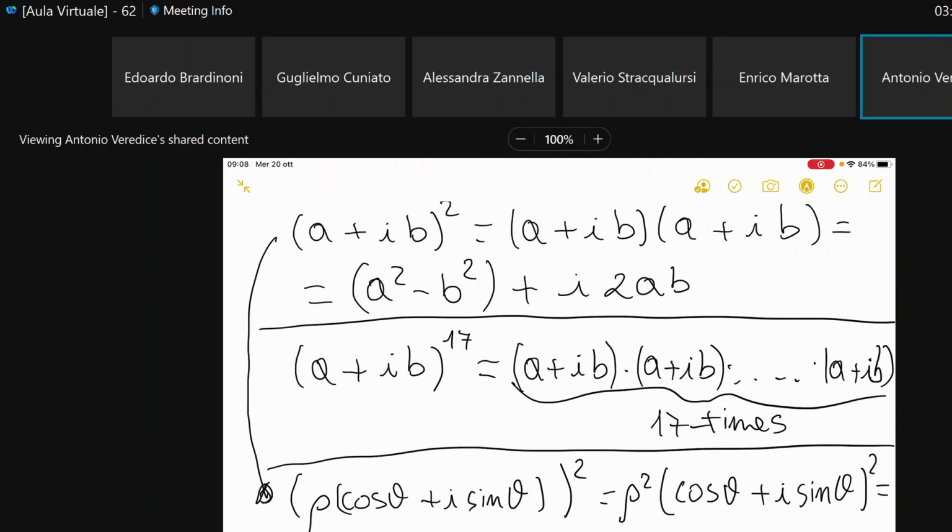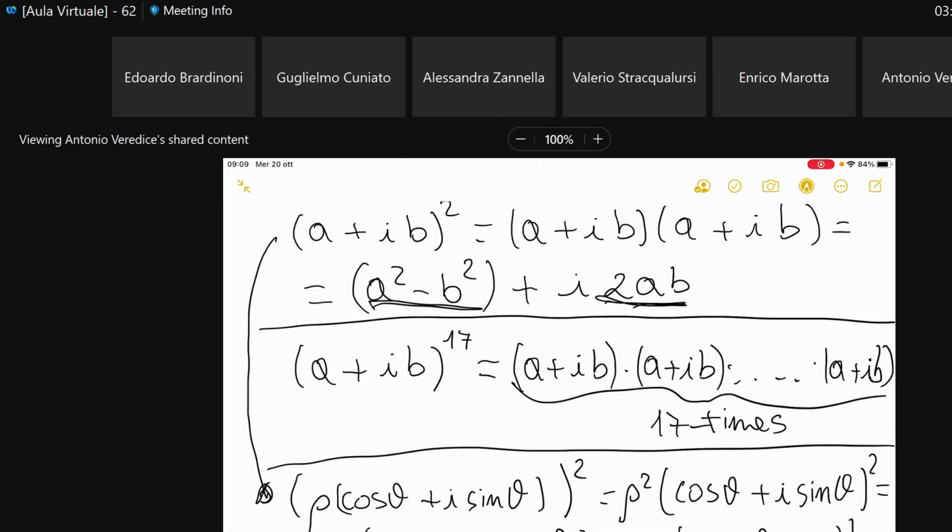The power of cosine plus I sine is, as before, as we did here, cosine squared theta minus sine squared of theta. Okay, if you compute the product, the power of the first one plus the power of the second one, but I squared is -1, so this is the power of I sine of theta is negative sine squared of theta. Okay, plus the imaginary part is 2 times sine of theta and cosine of theta.